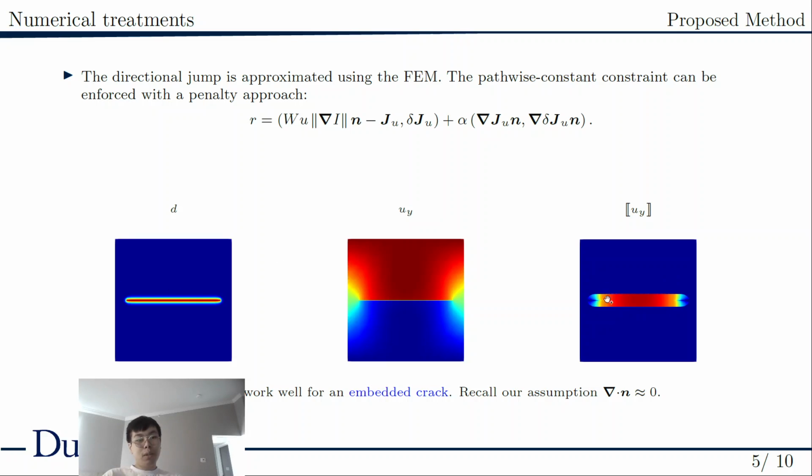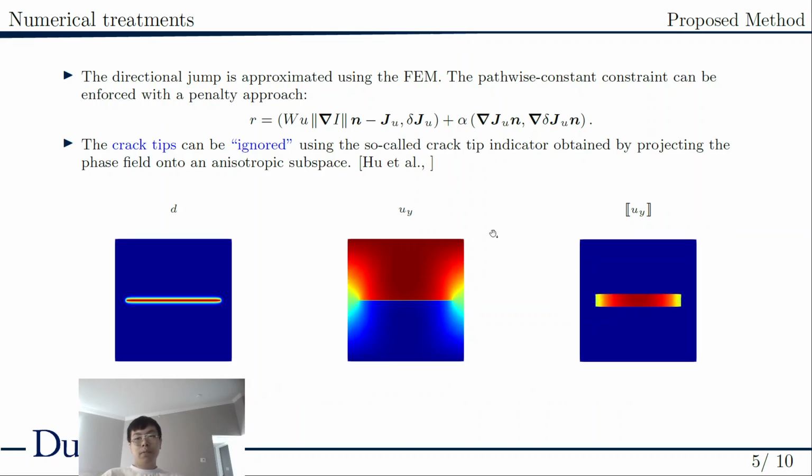So it may look okay here, but in our experience in practice, the jump estimation near the crack tip is really bad, and it is polluting the entire jump estimation across the entire phase field bandwidth. So we want to somehow exclude or ignore the influence of the crack tips.